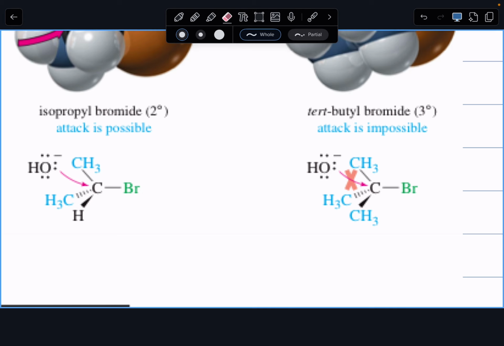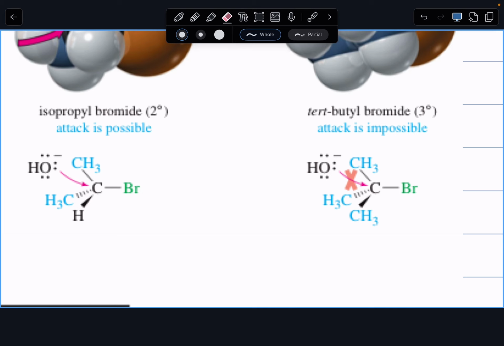Alternatively, if we look at the potential SN1 reaction mechanism, in which we're breaking a carbon-bromine bond to form the carbocation intermediate, via the SN1 reaction mechanism.